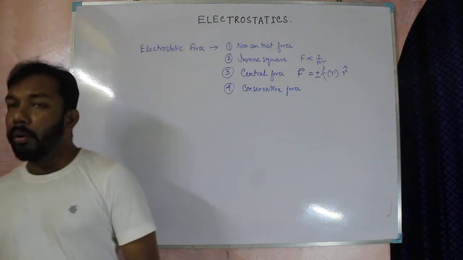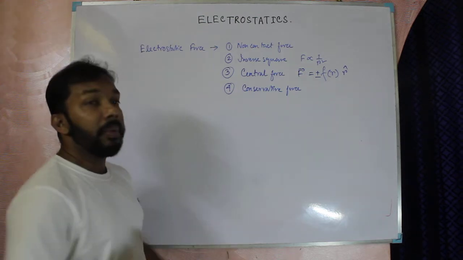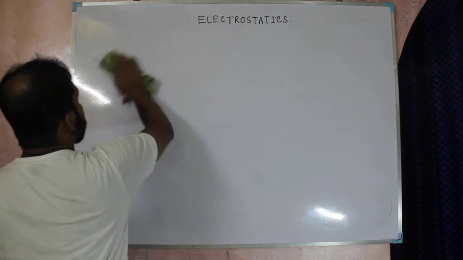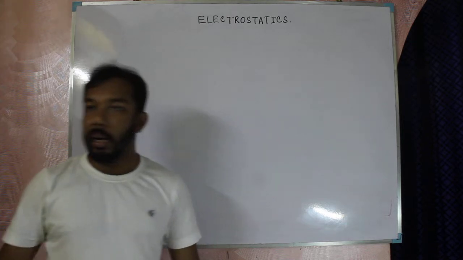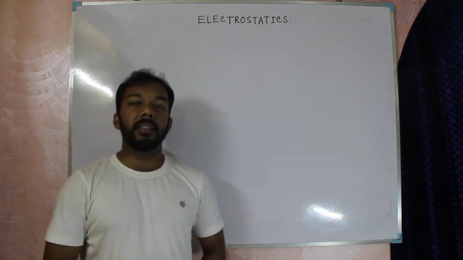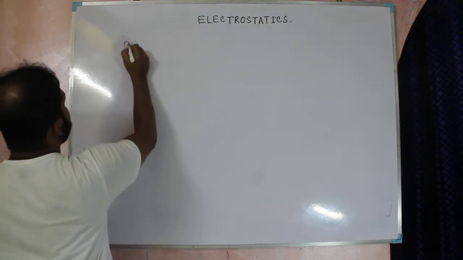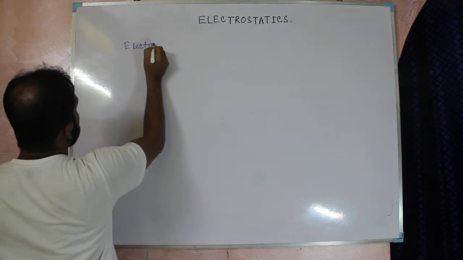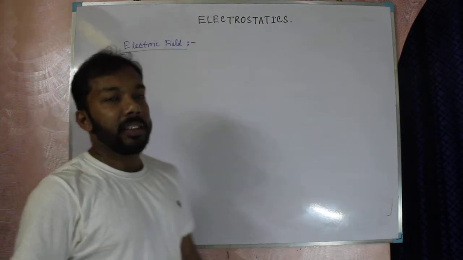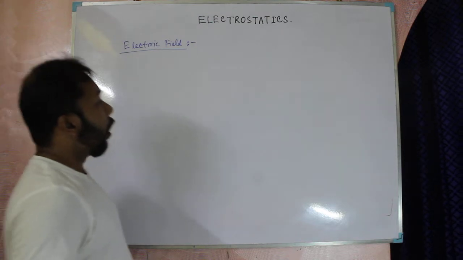Now we'll define one thing, is called electric field or electrostatic field. What do we mean by field? Field is a certain region or certain area where one charge can experience electrostatic force exerted by the other charge. That is known as electric field. Qualitatively, electric field means when we have a charge configuration or a single charge.